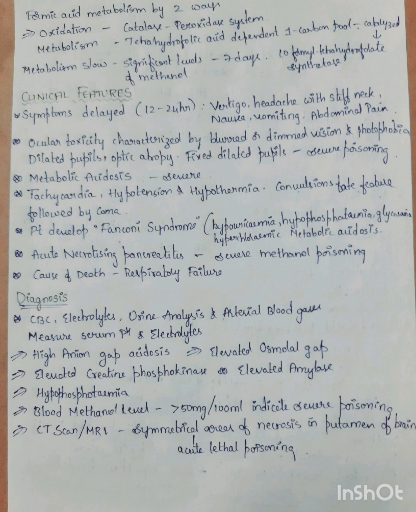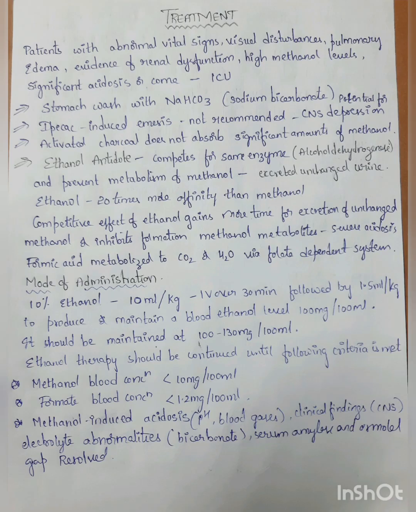And blood methanol levels show greater than 50 mg per 100 ml. This indicates severe poisoning. And if you check CT scan or MRI, symmetrical areas of necrosis in putamen of brain show acute methanol poisoning.